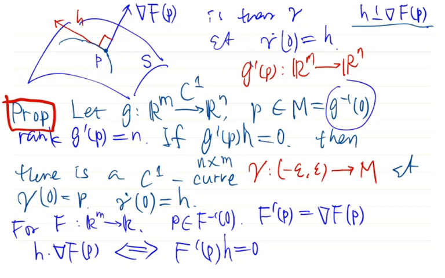Okay. So let's prove this proposition. Our condition is that G is a map from Rm to Rn. Of course, you might also assume that G is defined over an open set in Rm, but for simplicity, we simply consider Rm.